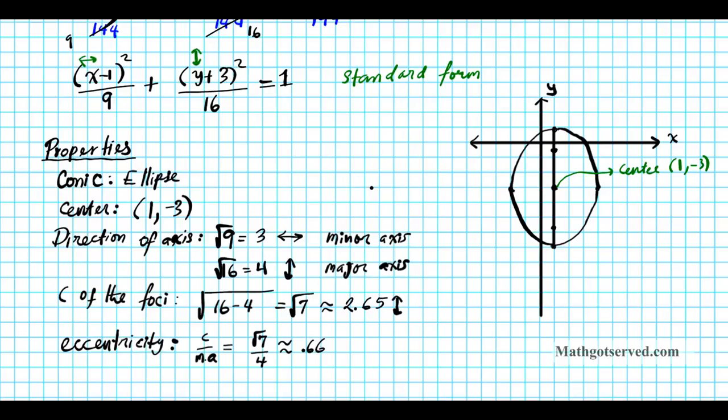Let's label those. This is, we'll call this focus 1. For focus 1 coordinates, you just simply add 2.65 to the y-coordinate, since we're going in the upward direction. So we're going to have 1 comma, negative 0.35. Sorry, I need to fix that: 1 comma negative 0.35.